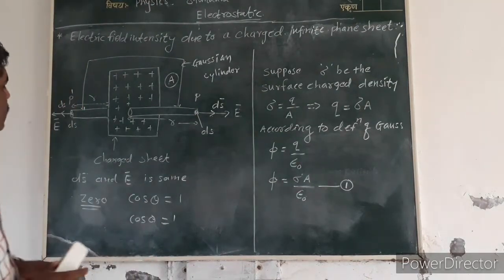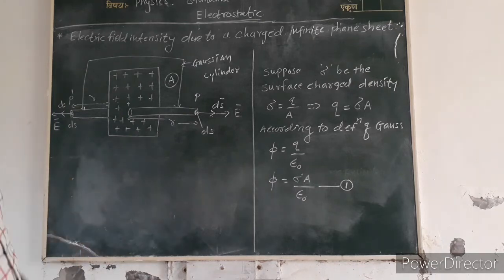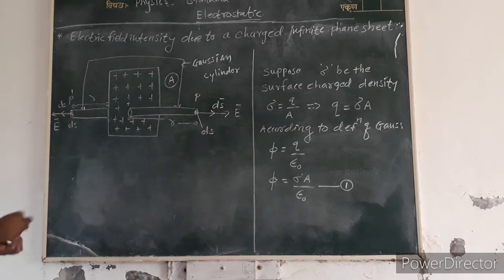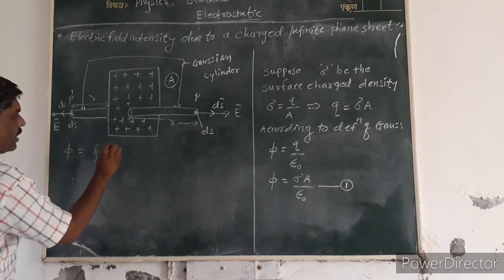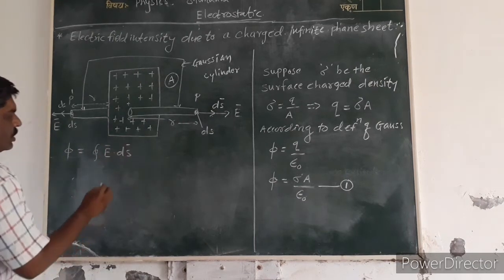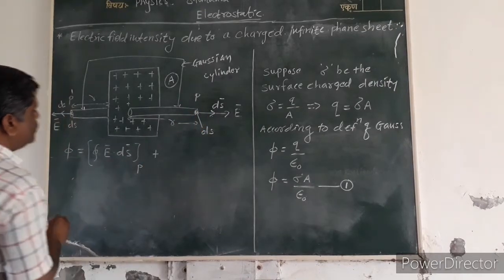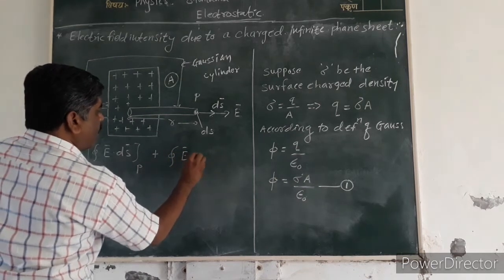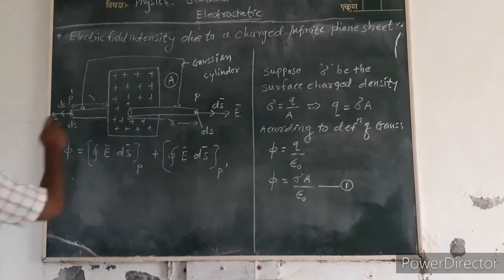Then next we calculate the total flux associated with this plane sheet. Total flux is equal to line integral E bar dot ds bar due to point P plus line integral E bar dot ds bar due to point P dash.